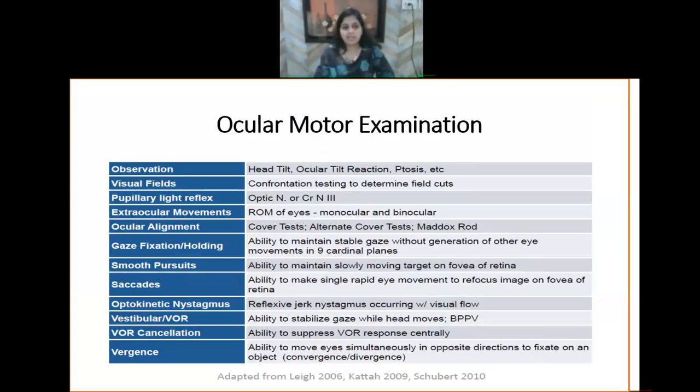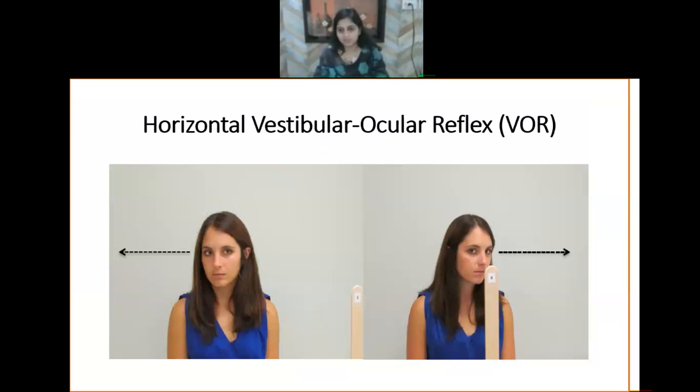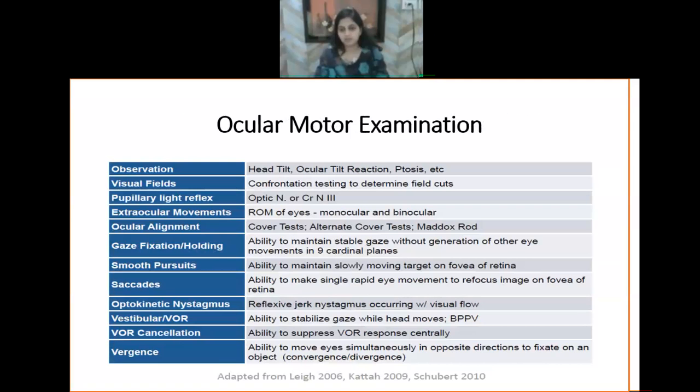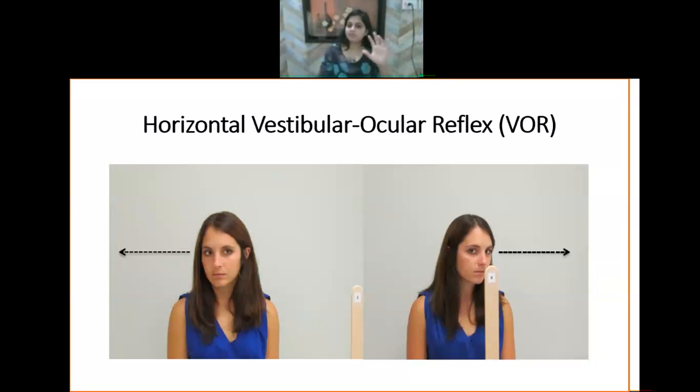Okay, so examination, very basic. We usually see everything: visual fields, gaze fixation, smooth pursuits, saccades, everything. For newcomers, what I'm saying is very easy to understand.